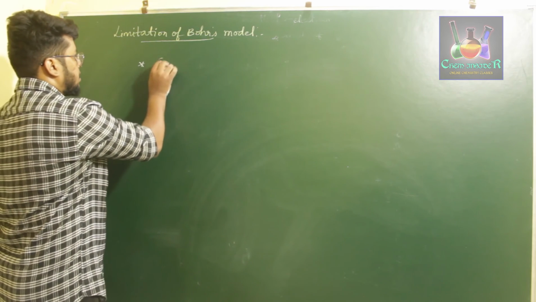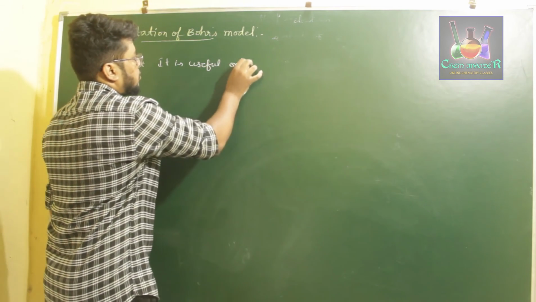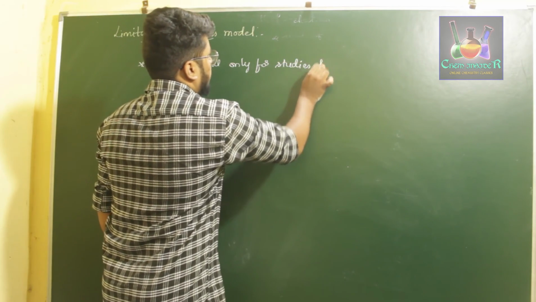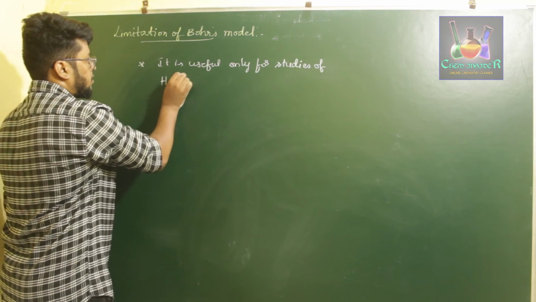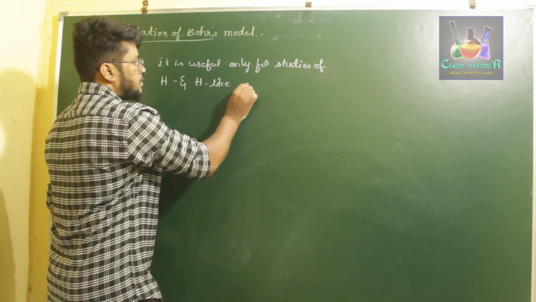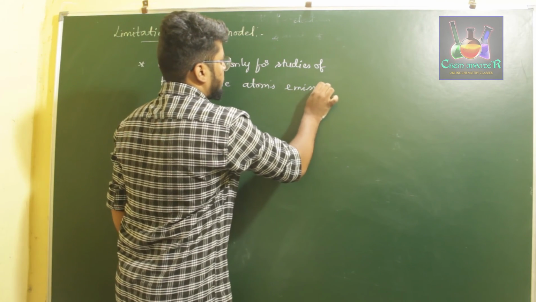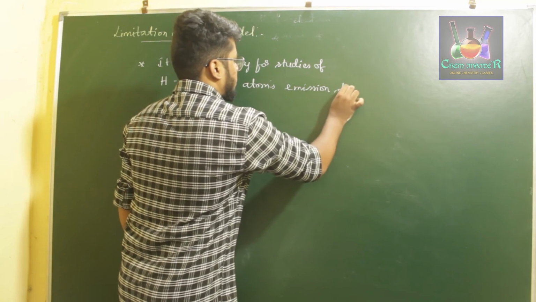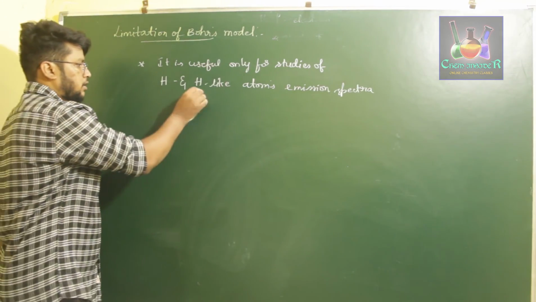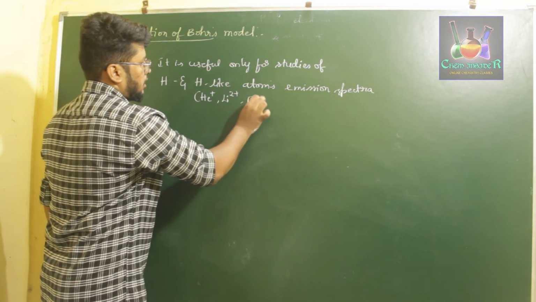That is, it is useful only for studies of the line emission spectra of hydrogen and hydrogen-like atoms. Hydrogen-like species are nothing but He plus, Li2 plus and Be3 plus.